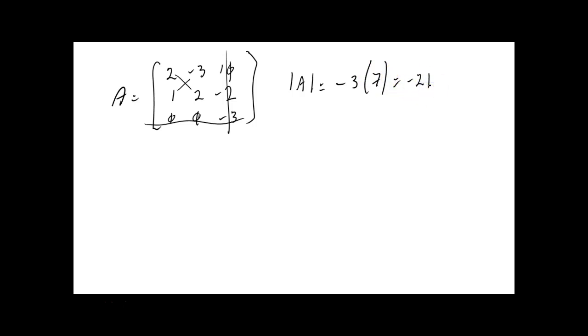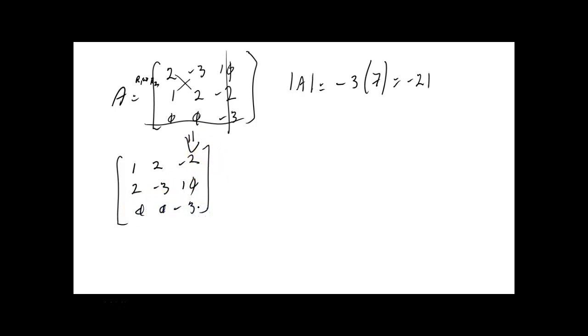Okay. Now let's do it Lauren's way. We're going to row reduce this. And she said exchange 2 rows, row 1 and row 2. So the new matrix is going to be 1, 2, negative 2, 2, negative 3, 10, 0, 0, negative 3.